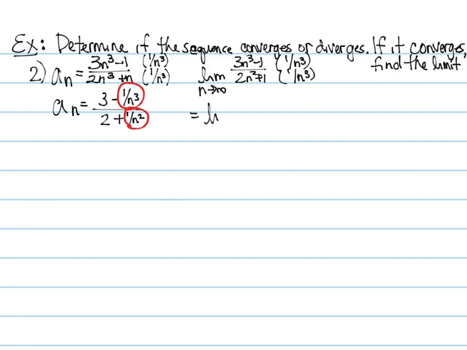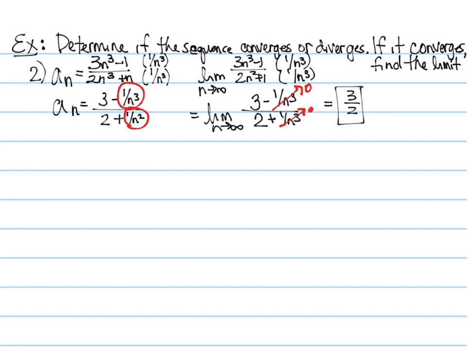This equals the limit, as n goes to infinity, of 3 minus 1 over n cubed over 2 plus 1 over n squared. And as we said, this one and this one go to 0, which leaves me with what? 3 over 2. So this limit converges. And it actually converges because I found a limiting value.